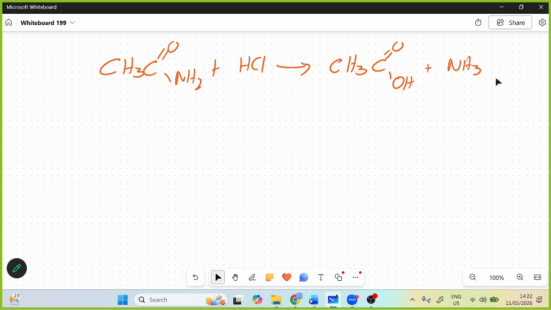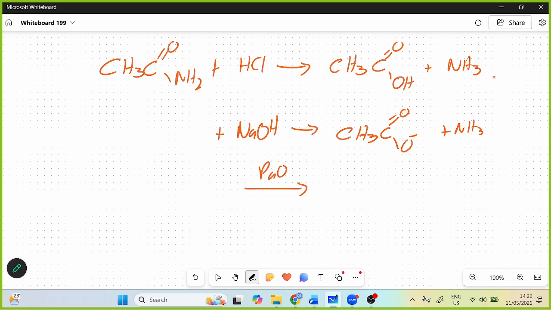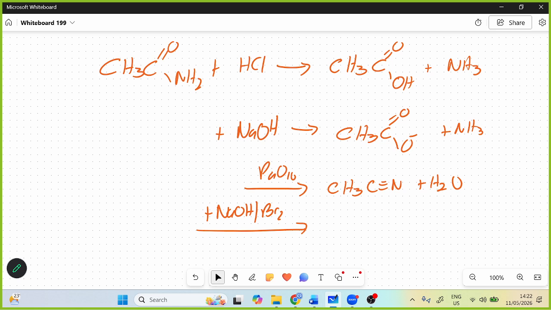Ethanamide with aqueous sodium hydroxide. And again, here you're going to form the salt. Ethanamide with phosphorus(V) oxide, so P4O10. This will remove water, forming the nitrile. With bromine and then NaOH, this is the Hofmann degradation.